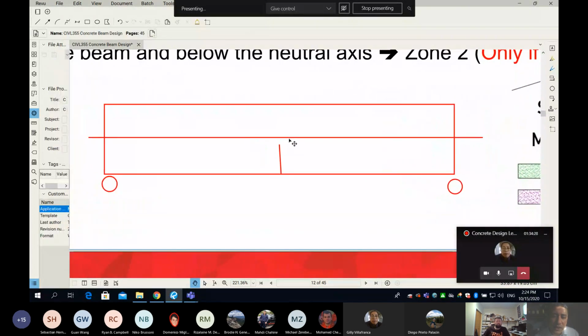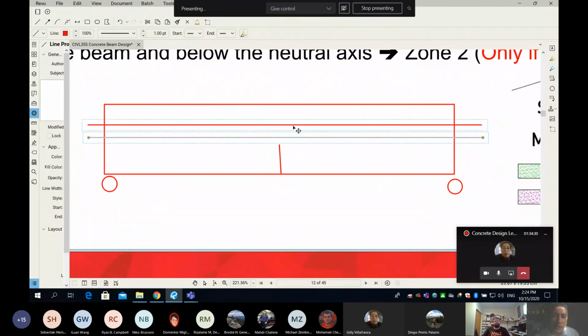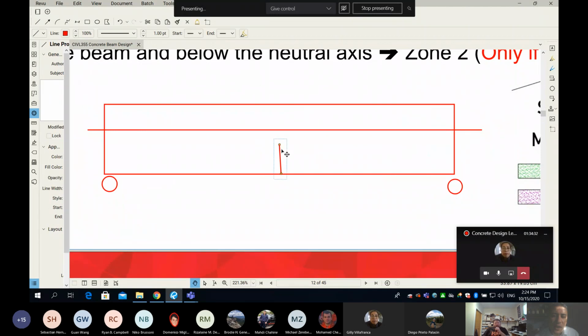Let's say this is my neutral axis. At the neutral axis there is no stress and no strain, so the stress here is equal to 0. Above the neutral axis is compression, and concrete is fantastic in compression, so my crack will never go to the compression side. It will go only to the tension side.